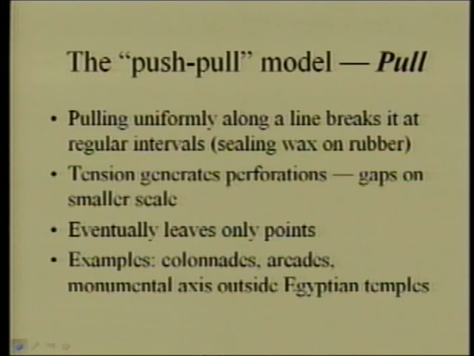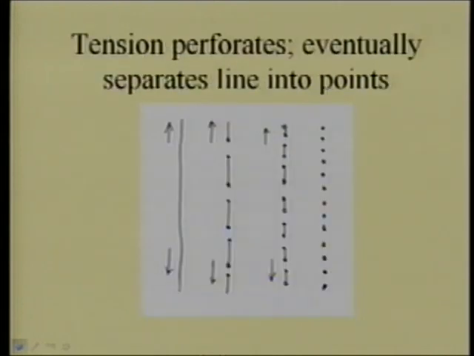If you keep pulling it, and the sealing wax stays on the rubber and doesn't fall off, then you will break those into smaller and smaller pieces. Eventually you will have only points. I'm sorry I don't have a model to show you here, but I will try to draw some pictures. You're going to get colonnades and arcades, or the monumental axis outside the Egyptian temples, which is lined with sphinxes or with animal gods.